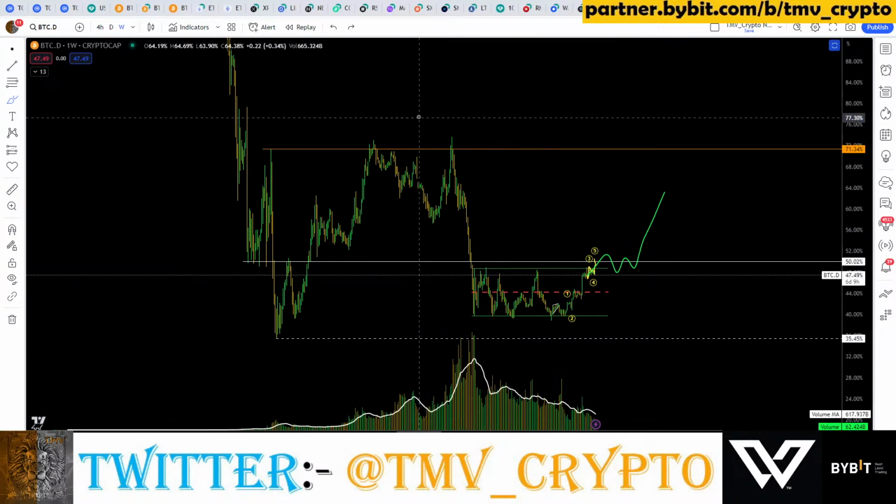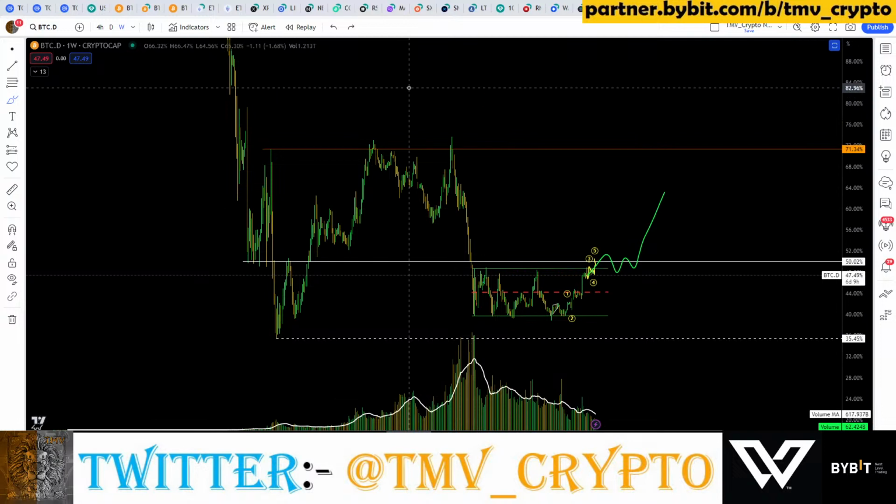Even if you say that Ethereum market cap is $3 trillion, which I don't think so, but just in case, just do some math: Ethereum from the current level of 224 billion going to $3 trillion gives you how much?